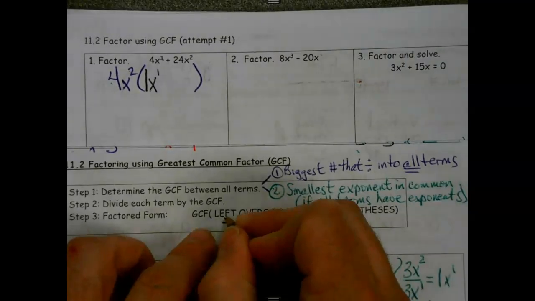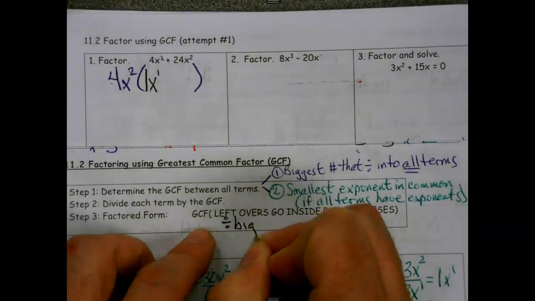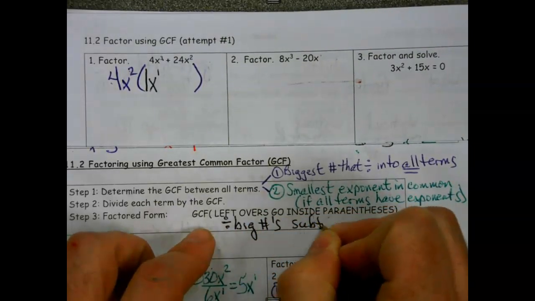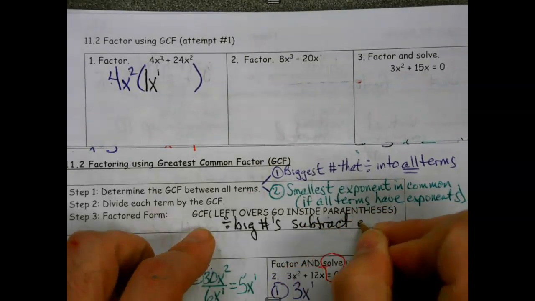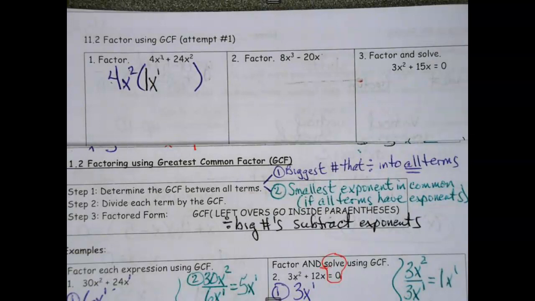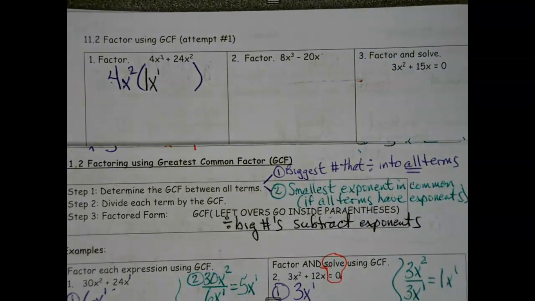And we can even say divide big numbers, subtract exponents. Now, I didn't have that in my original notes. This is what a good study skill is going to be. You learn as you're going along.